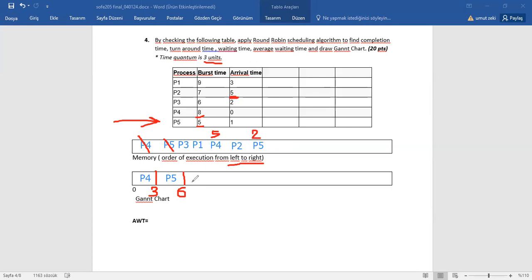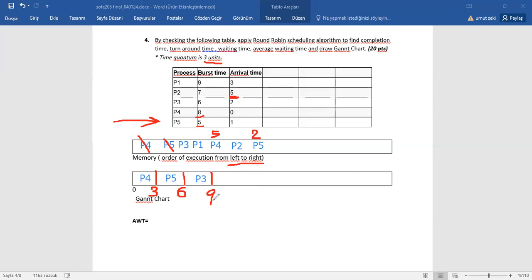So the next one is process 3, P3. It is always 3 nanoseconds. If the remaining time is not less than 3 nanoseconds, the execution time is always 3 nanoseconds, because we set it like that, 3 units. If I say 4 units, you have to make each of them 4.